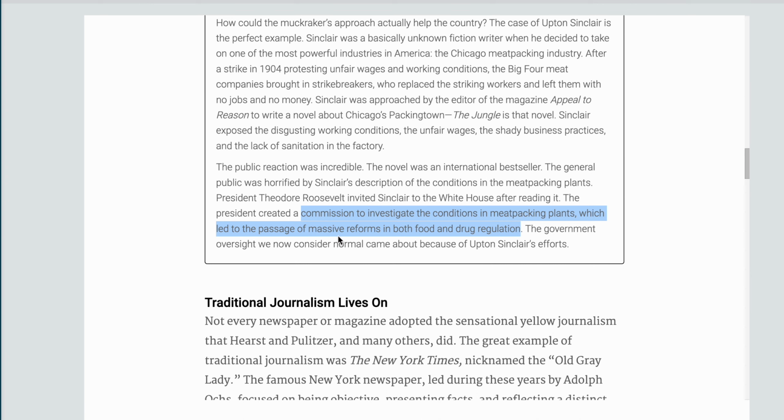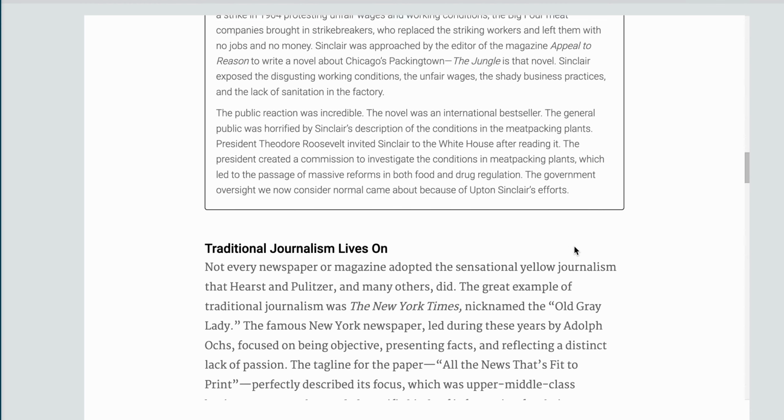The government oversight we now consider normal came about because of Upton Sinclair's efforts. So what we have now, and consider normal, like checking the conditions and making sure that everything is clean, was once not happening, and it happened because of Sinclair's case.